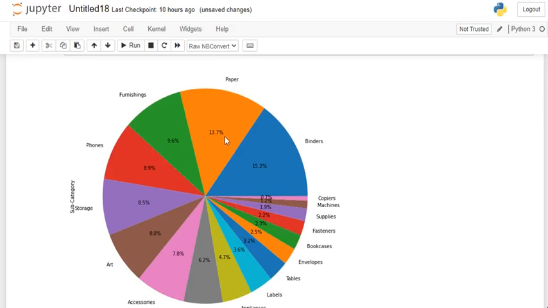Paper, that is 13.7, and binders 15.2. Likewise, each and every item has a different percentage. Here the copiers and machines, supplies, fasteners, bookcases have very less percentage.